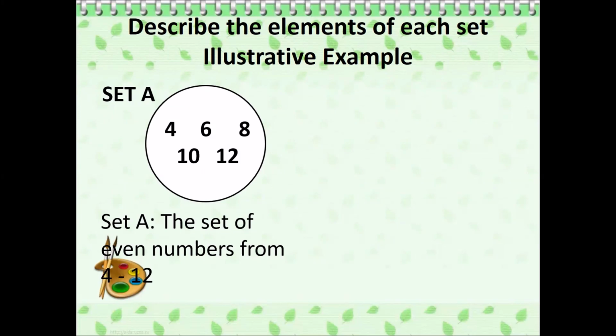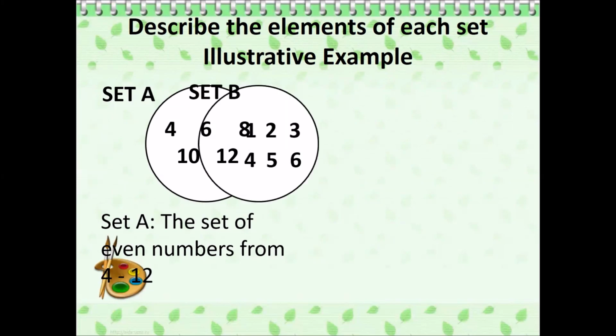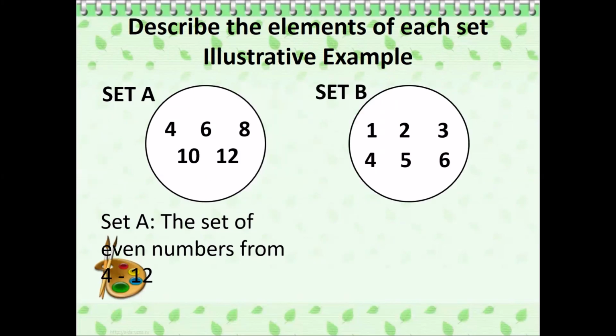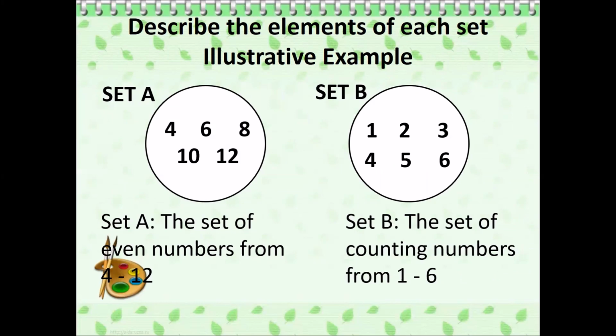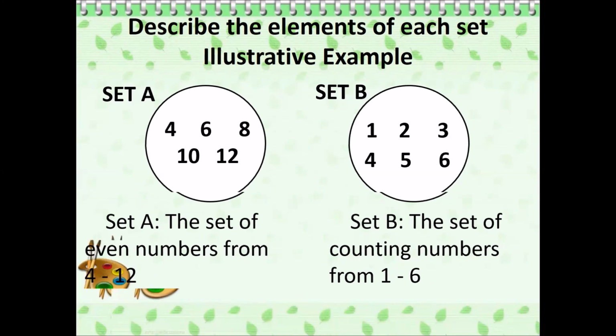So 4, 6, 8, 10, 12. How about set B? Set B is the set of counting numbers 1 to 6. So this is an example of how to describe the elements of each set based on the given.